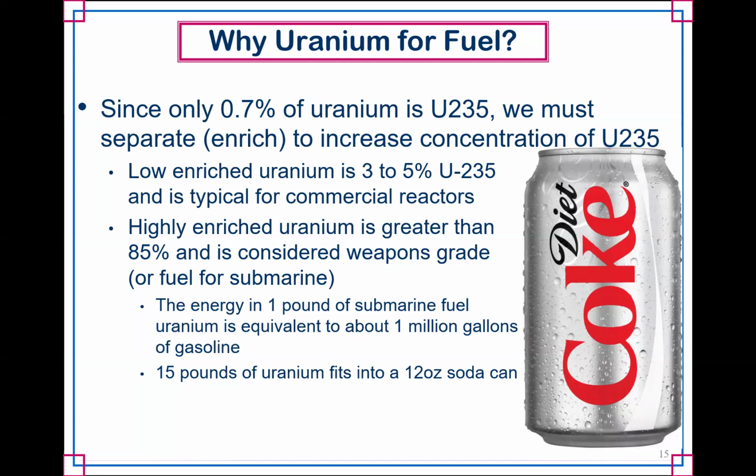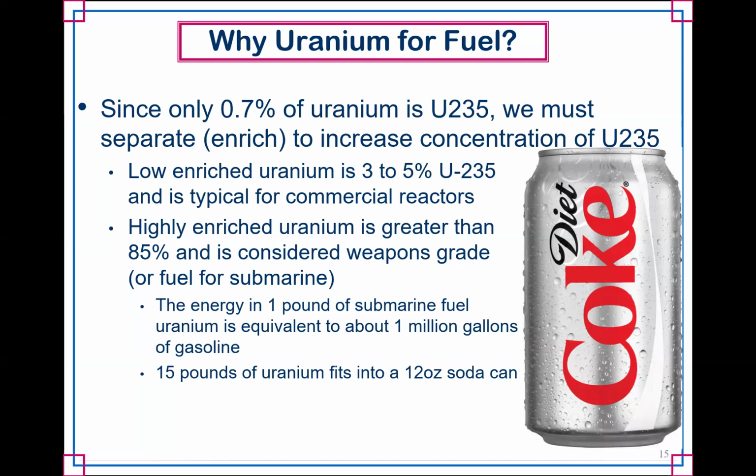And I thought this was really interesting because I used to really enjoy a Diet Coke. And so this is approximately to scale a 12-ounce can of Diet Coke. If you had 1 pound of submarine fuel, so that's highly enriched uranium, you have about 1 million gallons of gasoline.